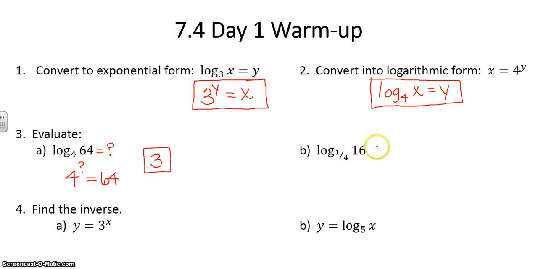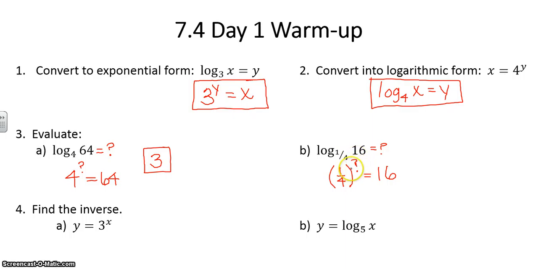Okay, same over here. We don't know what this equals. That's what we're trying to find out when they say evaluate. So log base 1/4, so 1/4 raised to some power, we don't know what that is going to equal the 16. Now a hint we gave you was if it goes from a fraction, or if this was a decimal, from a fraction or a decimal to a whole number, that means that we had a negative exponent here.